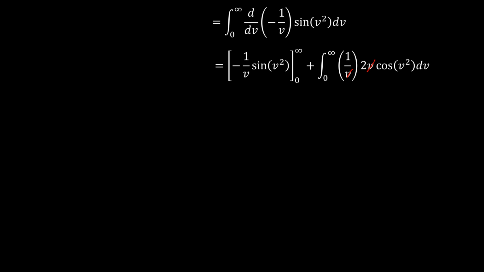Now, when v tends to infinity, this term here tends to 0, right? And then when v is 0, sine of v squared tends to 0. So this term here just goes to 0 at both limits.